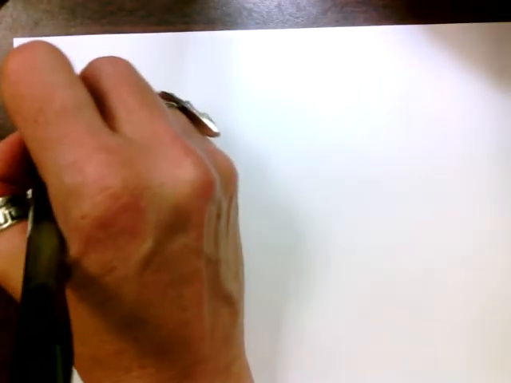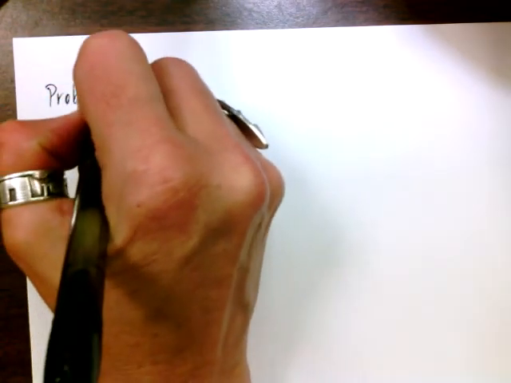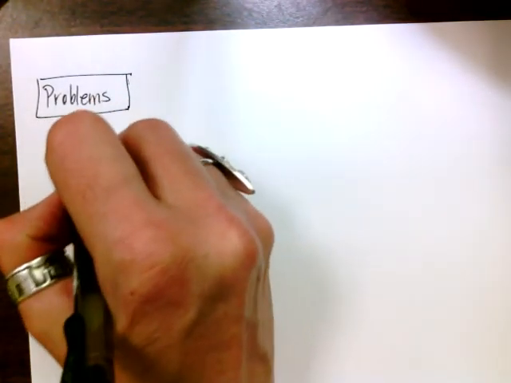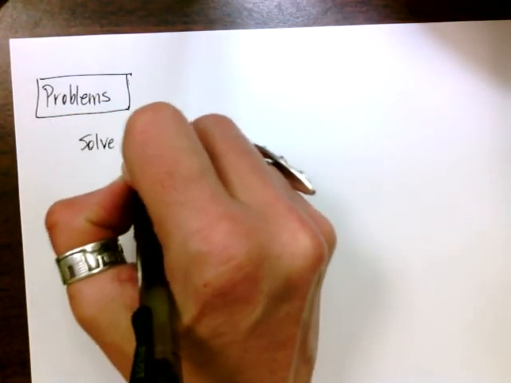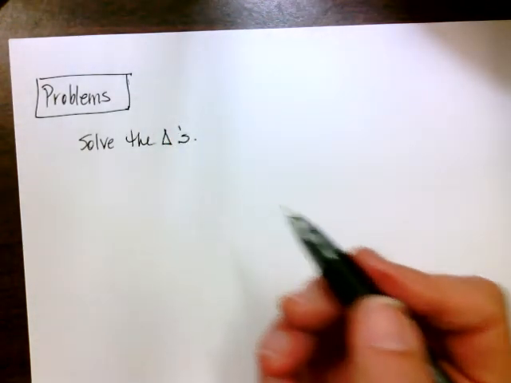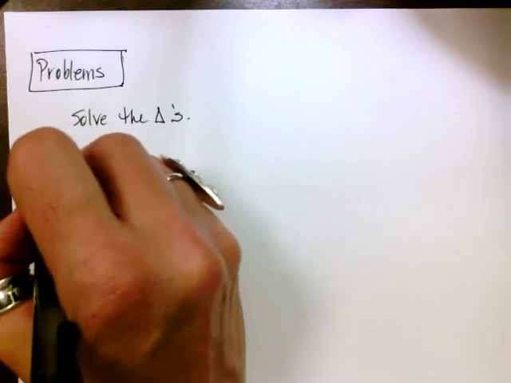Alrighty, let me give you your problems. Alrighty, so remember again, the biggest issue on these is using your calculator. So the first two problems say solve the triangle. Remember, that means find everything that's missing, angles, sides, and I would encourage you to sketch them.